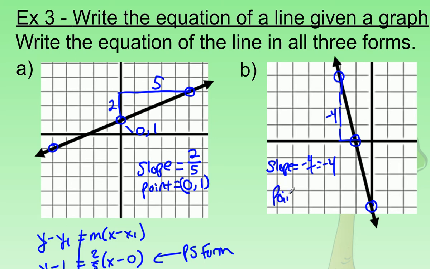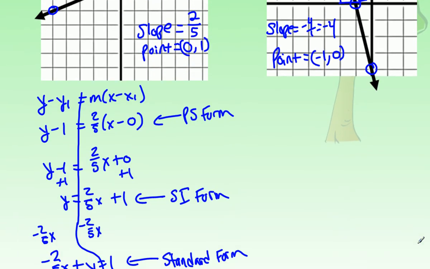My point, well, I don't have any points that have just positive numbers. So I'm going to pick this one because it has a 0 in it and it's small. That's the point negative 1, 0. It's the one that's closest to the origin. So I'm going to pick that point. Negative 1, 0. And we do the same math.